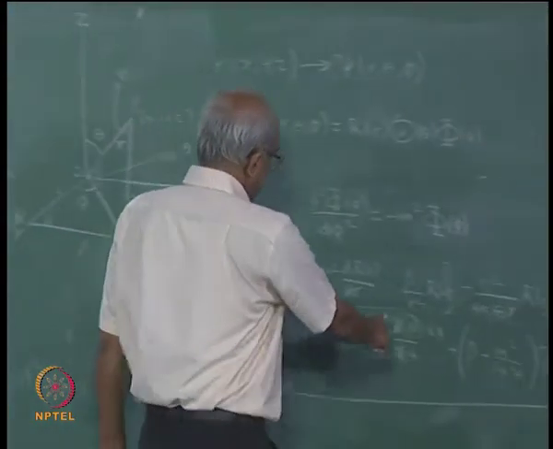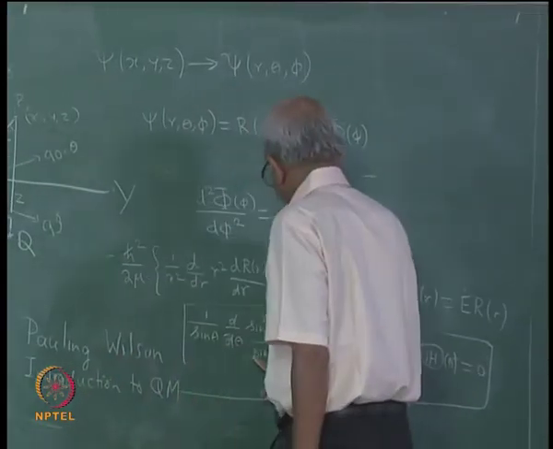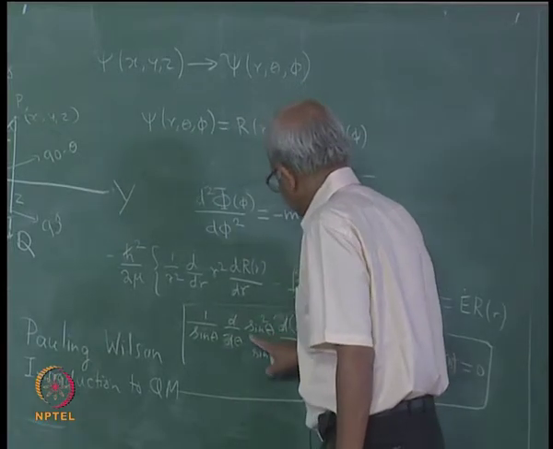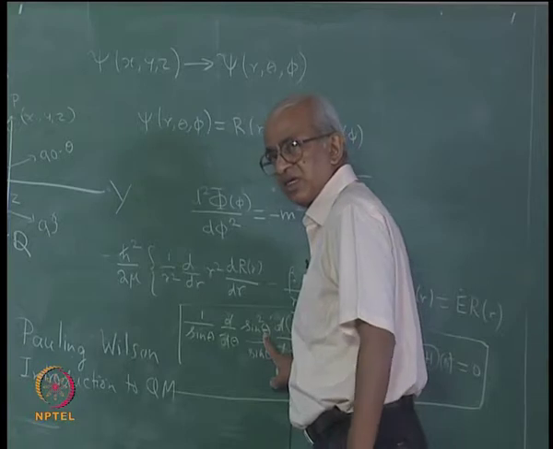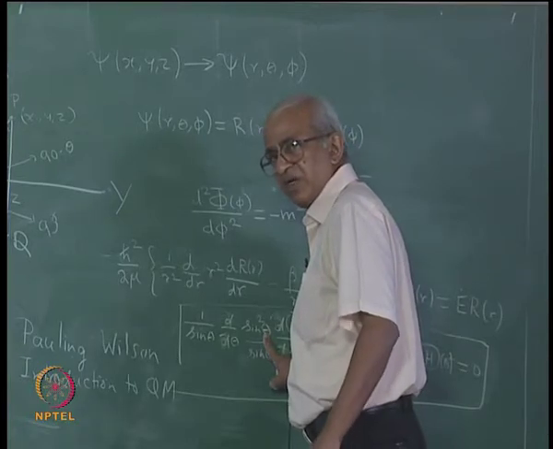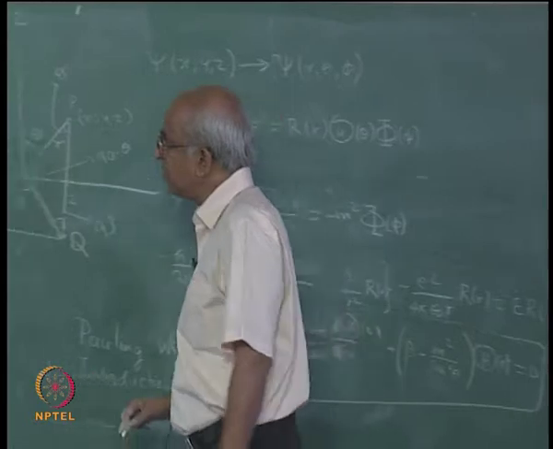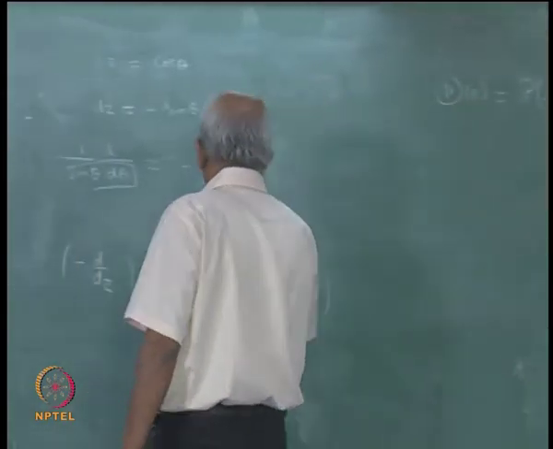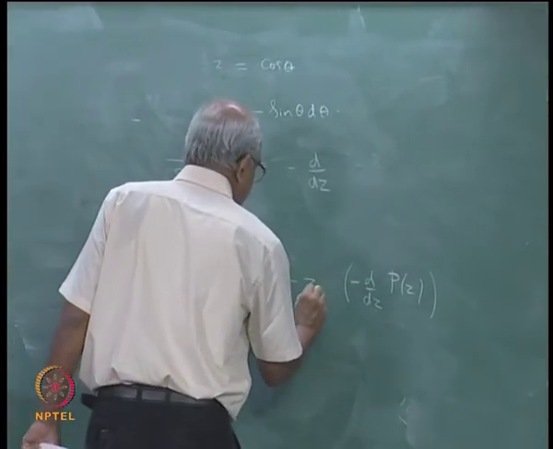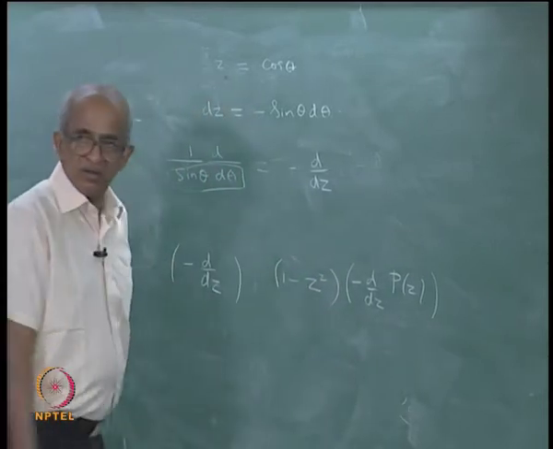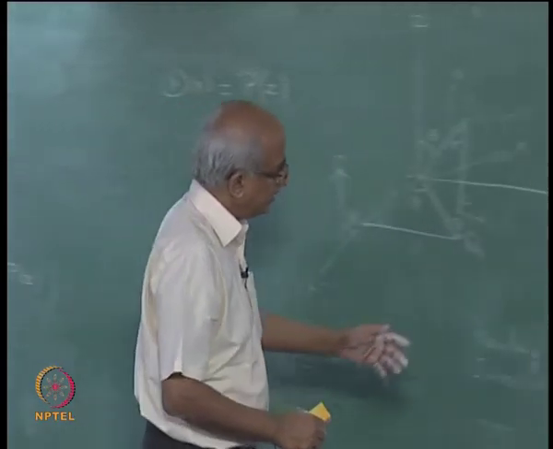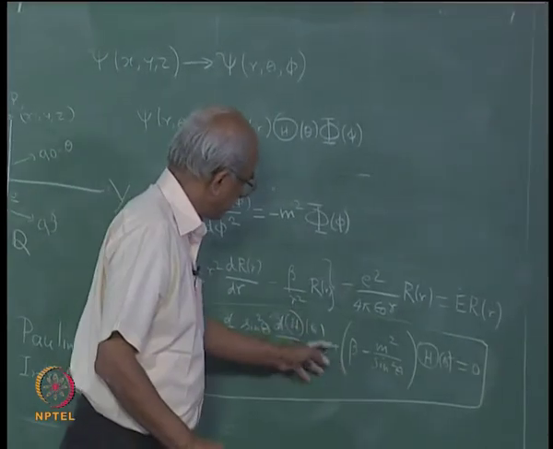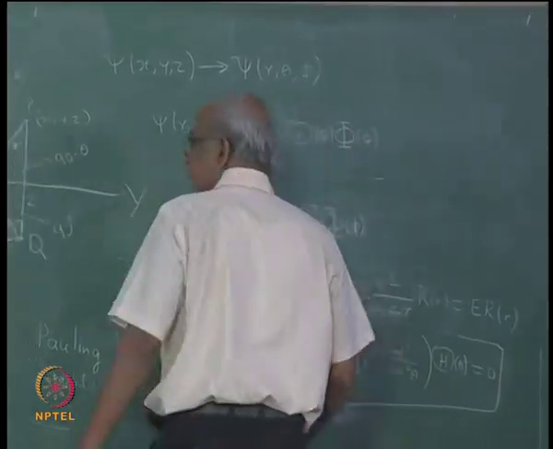I have written sin theta d theta, and I should take care of sin square theta, but I know that sin square theta is 1 minus cos square theta. So, I can account for that by putting a 1 minus z square here. So, I have taken complete care of this part of the equation. Then what about the other part?